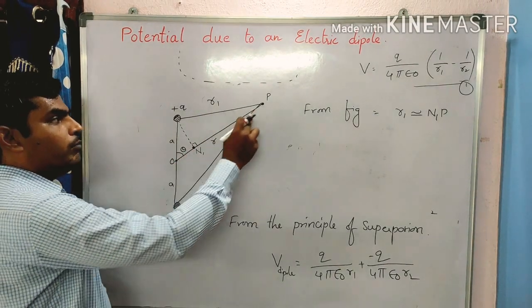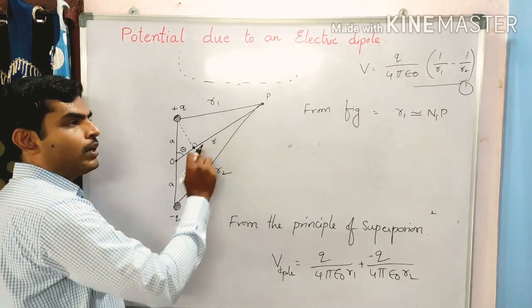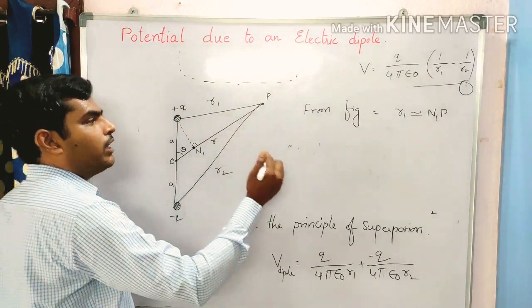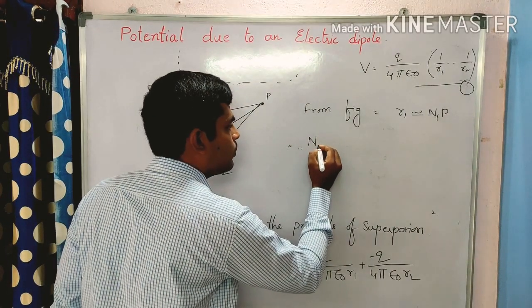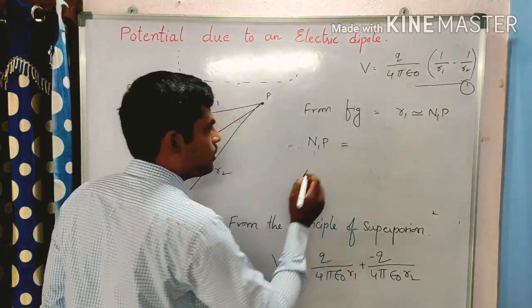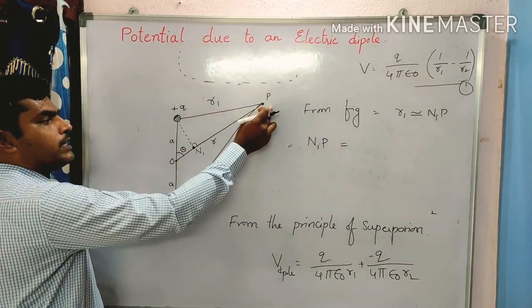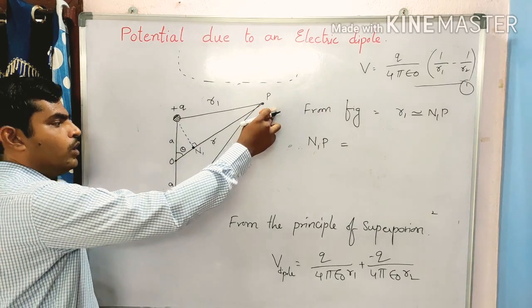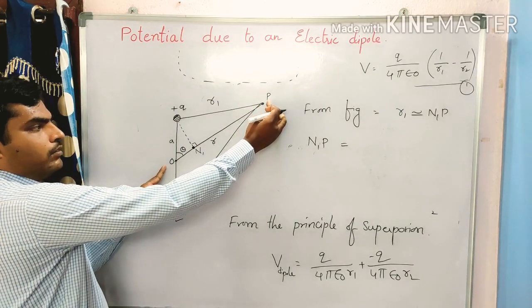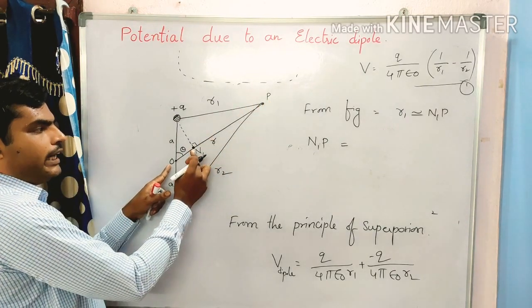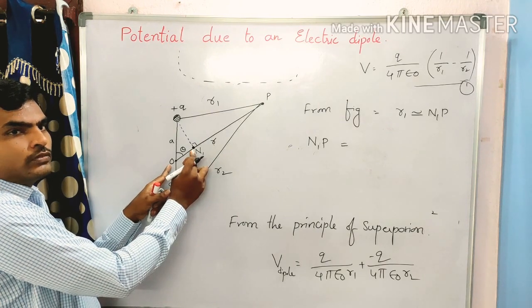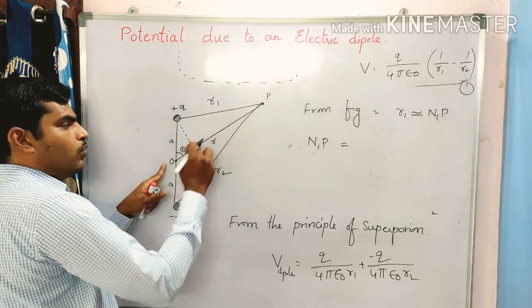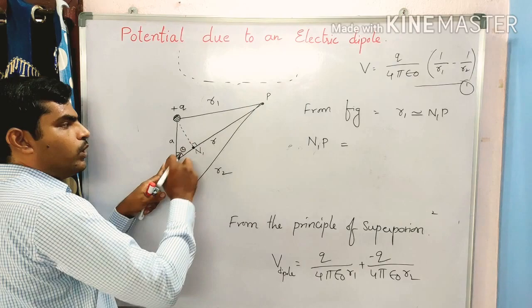How to write the N1P value? From the total OP, I have to remove ON1. OP value is known to me.